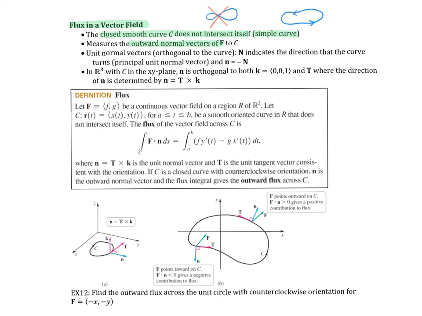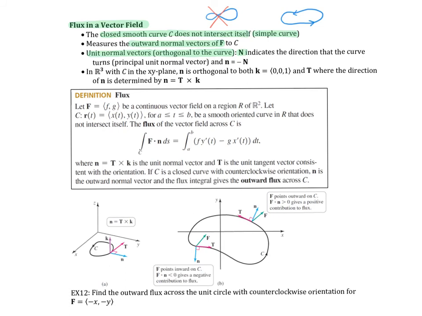So since we're talking about normal vectors, we need to review our unit normal vector. At any point on a curve, there are going to be 2 unit normal vectors in 2-dimensional space, an inward and an outward normal vector. Remember, normal is just orthogonal or perpendicular.